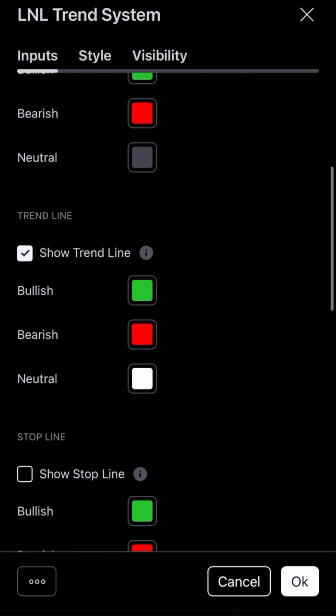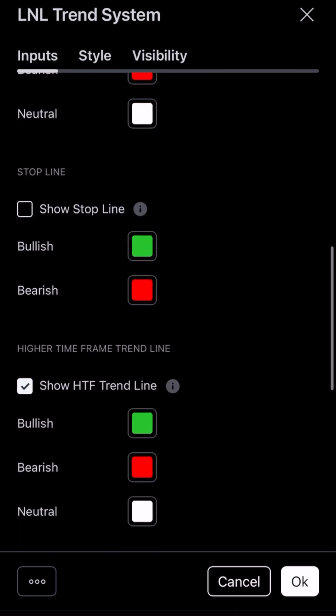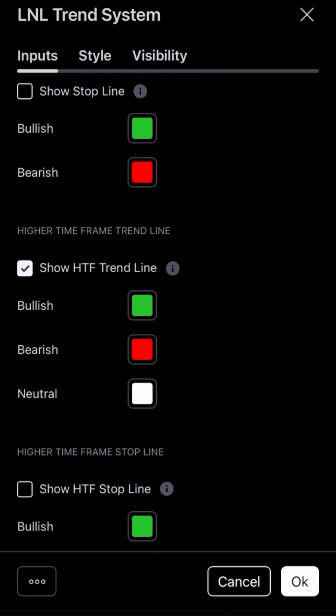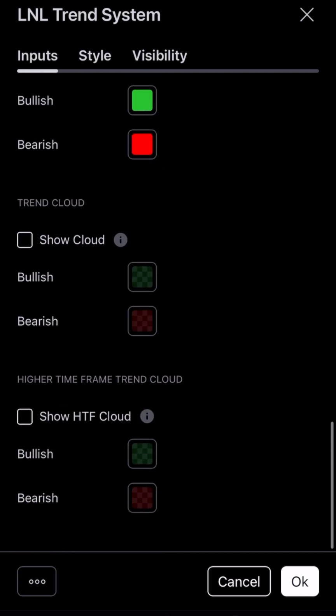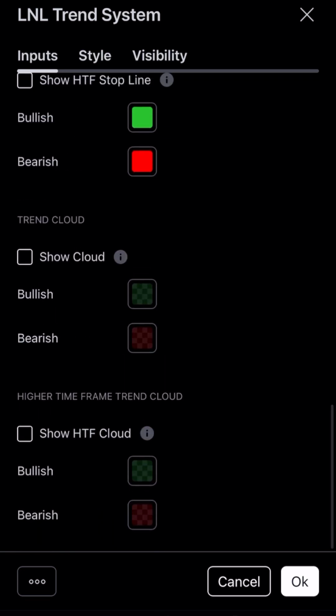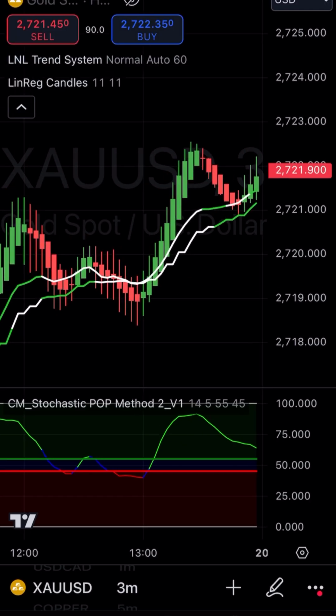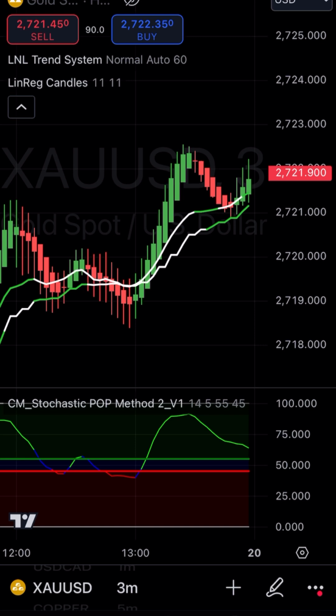I check everything off, and the only ones I keep are show trend line, where I make the neutral a white, and show HTF trend line, where I also change the neutral to a white. The default settings might have show cloud and show HTF cloud, but I check those off because it's just distracting for me. So you're left with just 2 lines here and your linear regression candle.